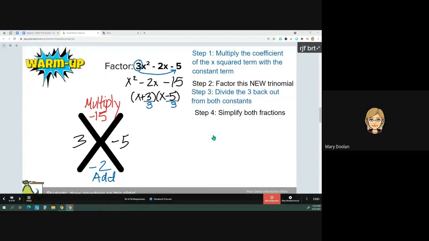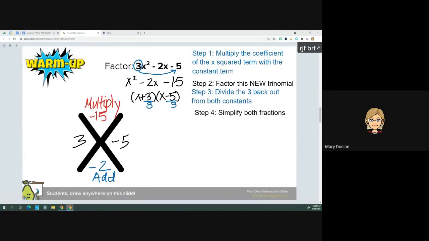What is 3 divided by 3? Anybody in here know? 3 divided by 3? What did you say? 1. Yeah. So this is going to be rewritten as x plus 1.